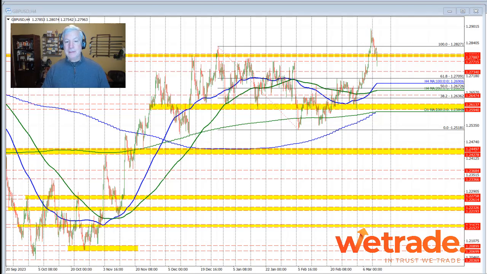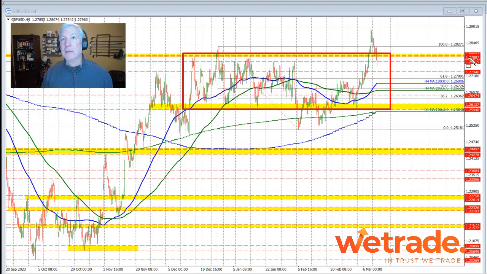The story about this pair is that the price moved back into this red box in trading after falling yesterday toward the high of this swing area between the 1.2788 and 1.28 level. We saw a little rebound to the upside that tested the high price here.